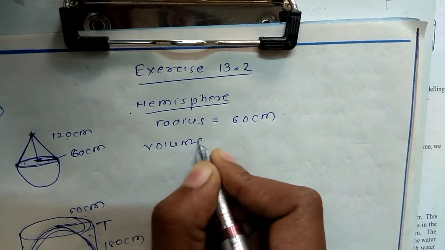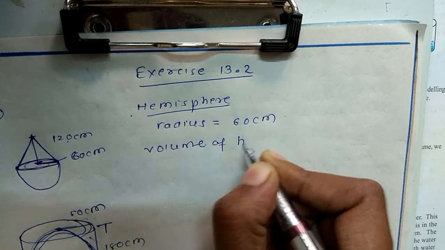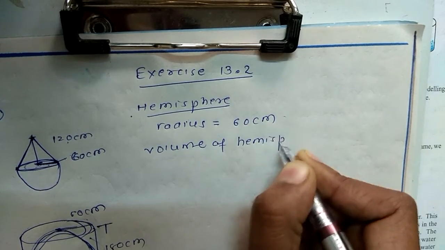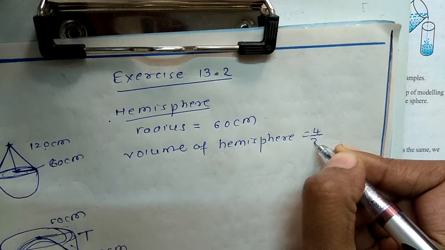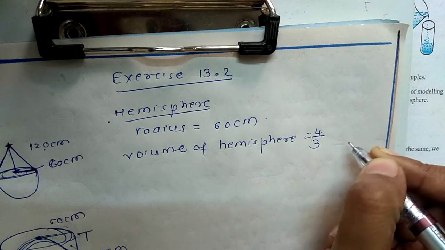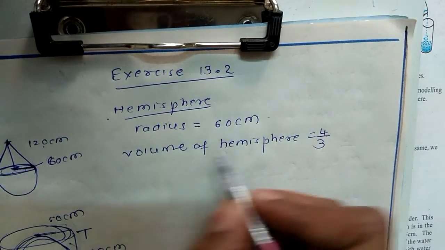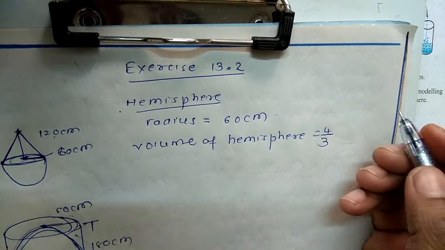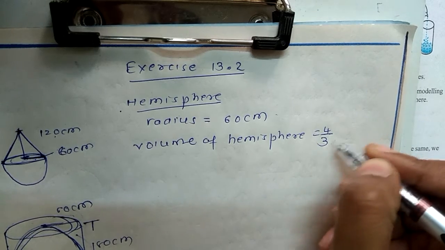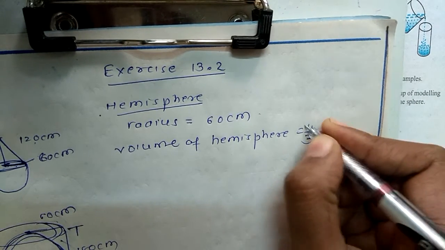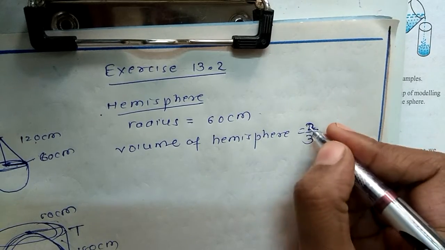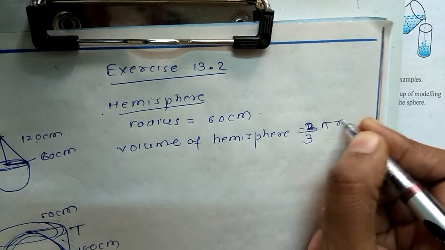So the volume of the hemisphere is 4/3, and we have to divide by 2, because the volume of a full sphere is 4/3 pi r cube, and for a hemisphere we divide by 2. Then 2 ones are 2, 2 twos are 4, and you will get 2/3 pi r cube.